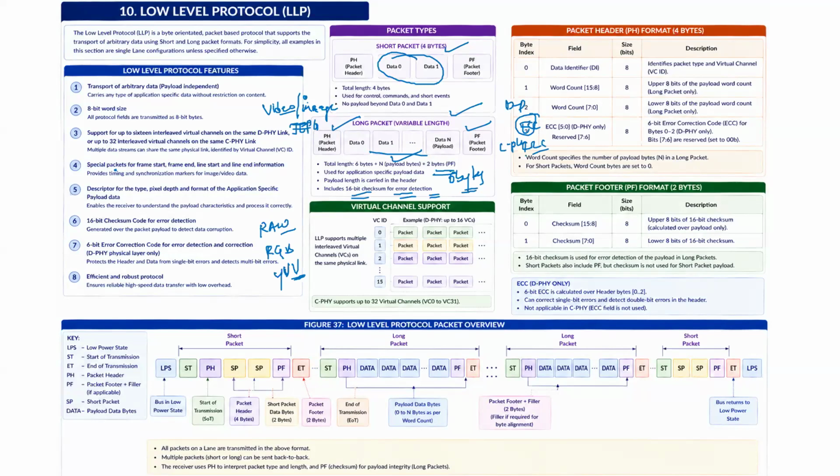Checksum means CRC, cyclic redundancy check, which is used for error detection and code correction purposes. Cyclic redundancy check is basically used in the C file layer, and ECC, error correcting code, is used in the D file layer.